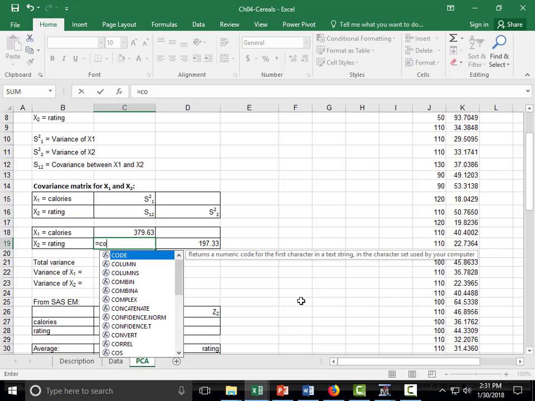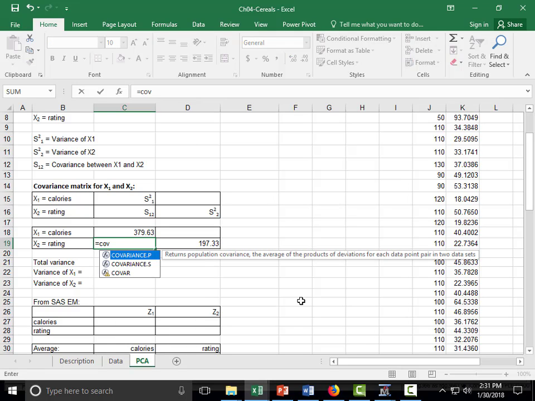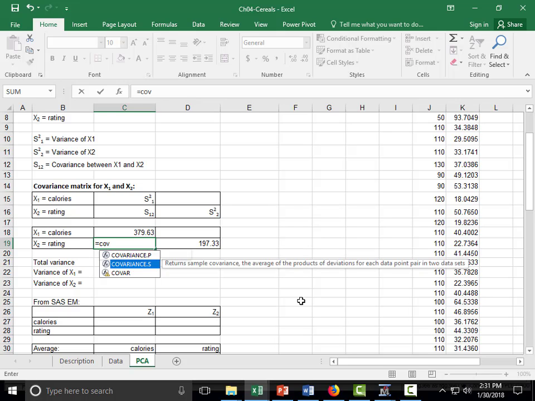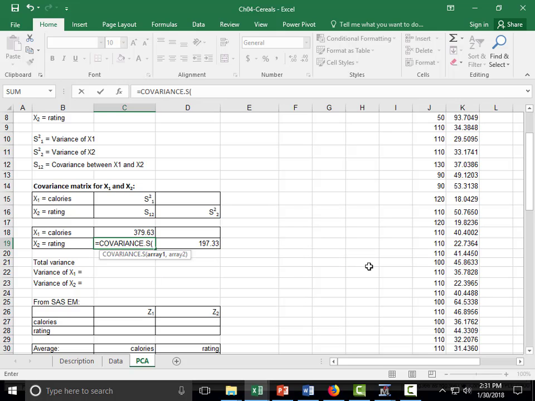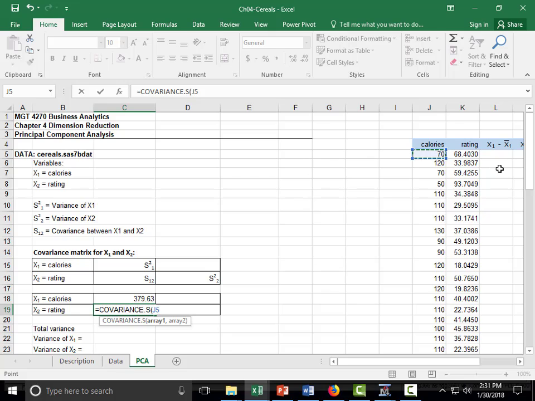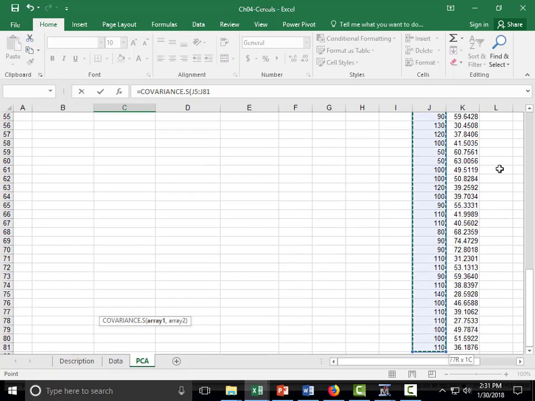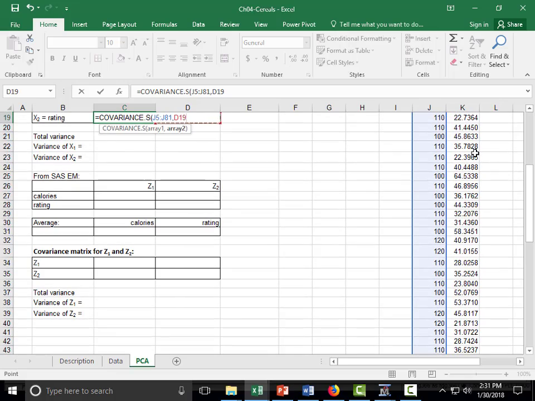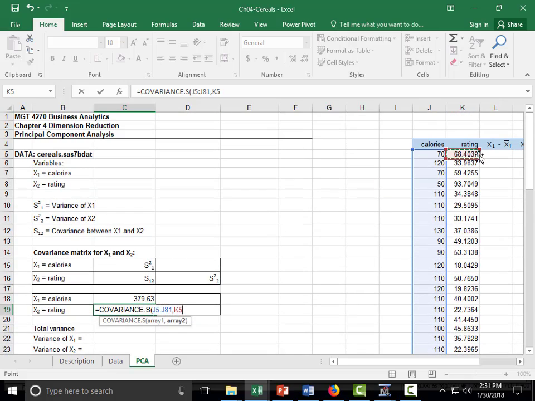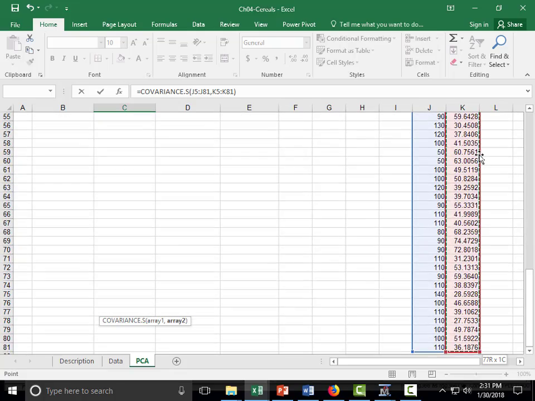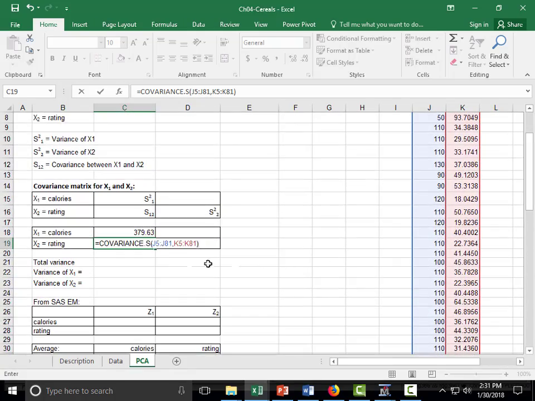Okay. And then we can do covariance.s. So first the first variable and then the second variable.